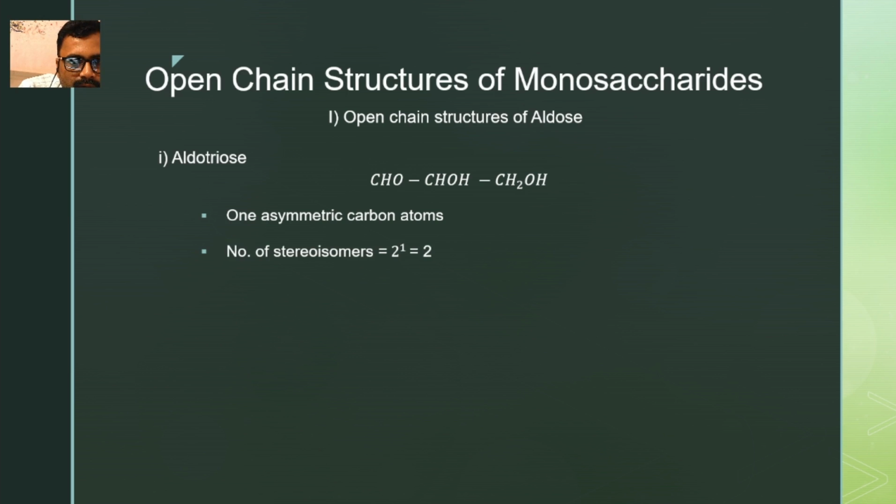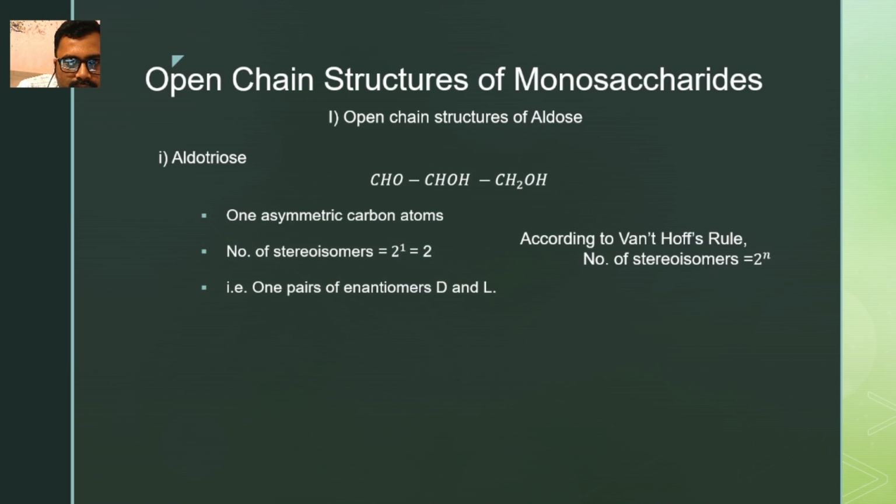Therefore, according to the van't Hoff rule, the number of possible stereoisomers is equal to 2 raised to n, where n indicates the number of asymmetric carbon atoms or chiral carbon atoms present in the molecule. So in the case of aldotriose, the number of chiral carbon atoms, n, is equal to 1.